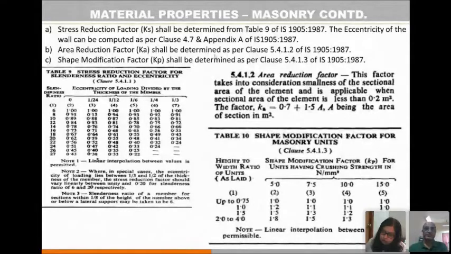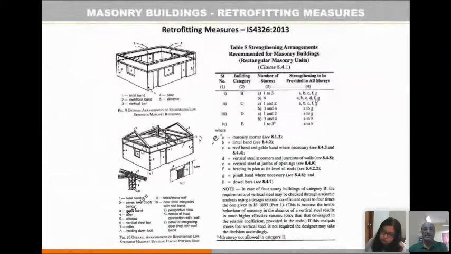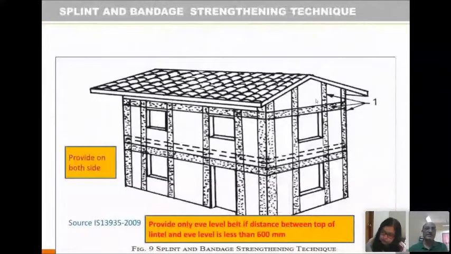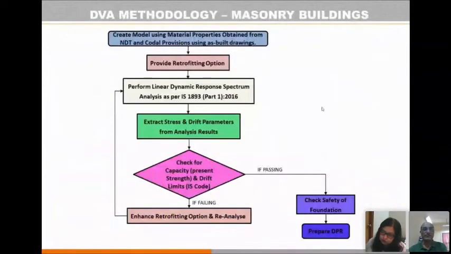Then the usual factors such as the stress reduction factors, area reduction factors, then shape modification factor can be obtained from IS 1905, and alternative retrofitting measures, as I suggested, can be conducted for the masonry buildings.